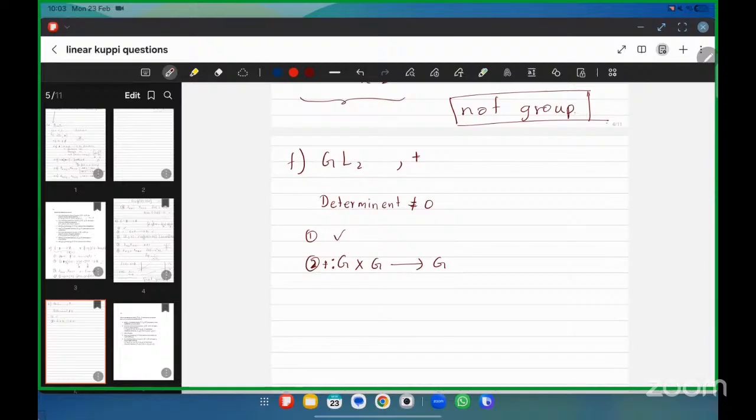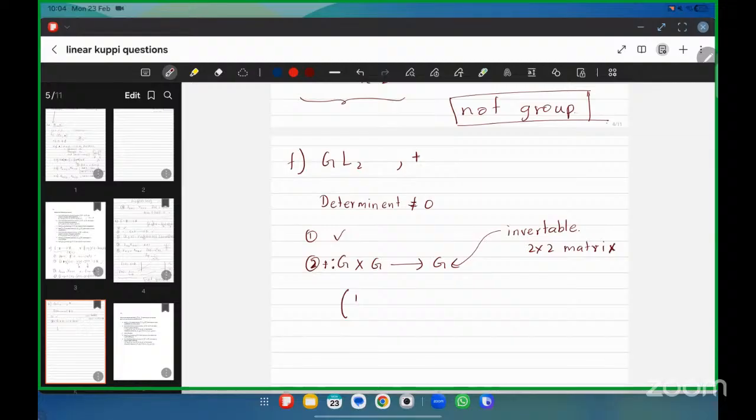So here the G set is the invertible 2 by 2 matrices. So we input 2 by 2 matrices.